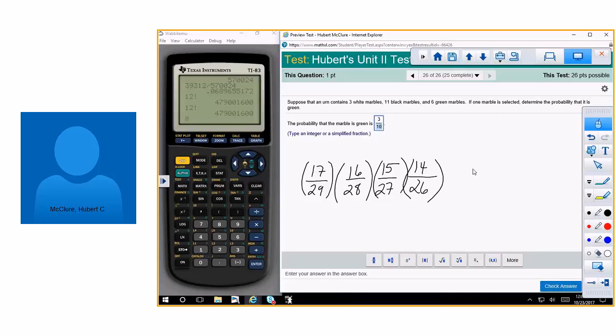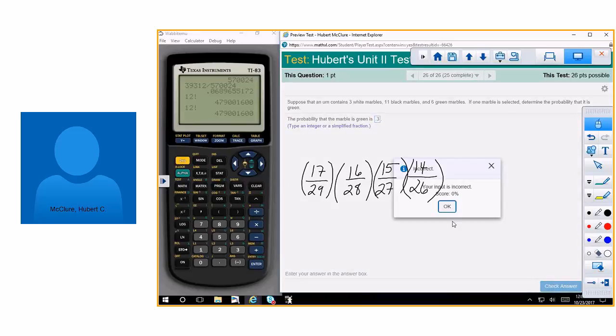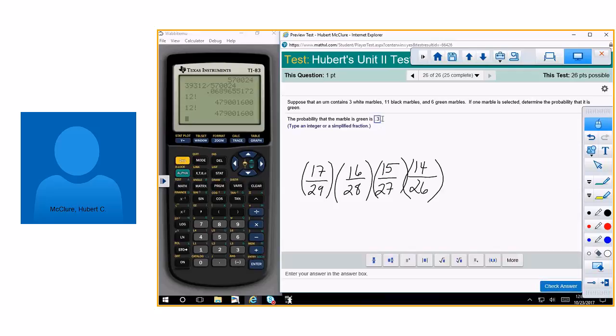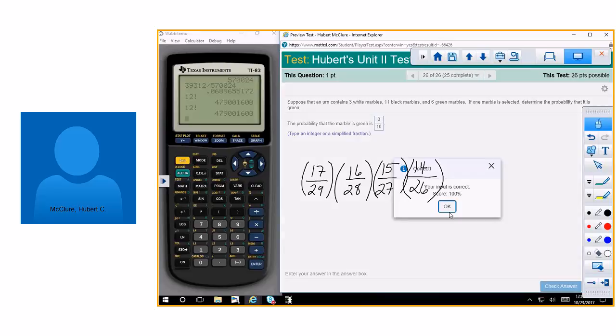Let's put in 0.3 and see if it's wrong. Didn't like that, so let's try 3 over 10. See? If it says type as a fraction, then you want to make sure you read it, unlike that problem that I didn't read.